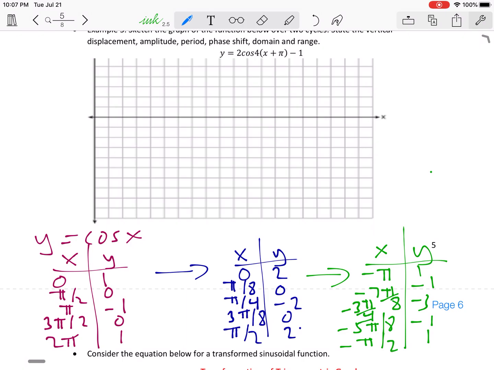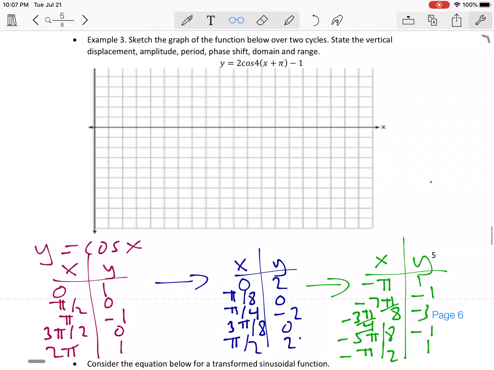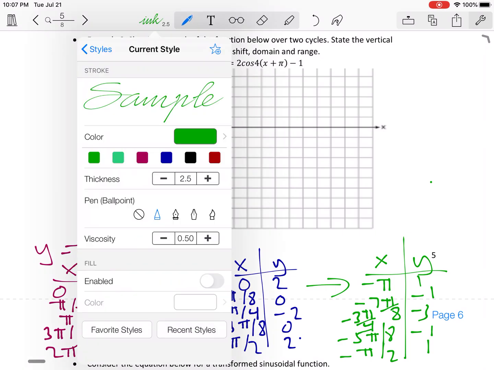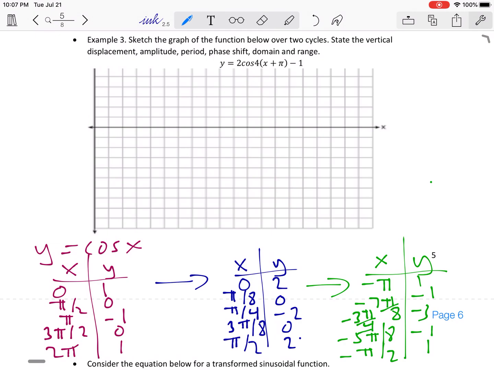Okay, so what you see here is all our values are negative, right? And so what we can do here is, it doesn't matter where you want to start, but just be careful with how you label this. So let's ignore this vertical line on the left here. Okay, so let's call this negative pi.